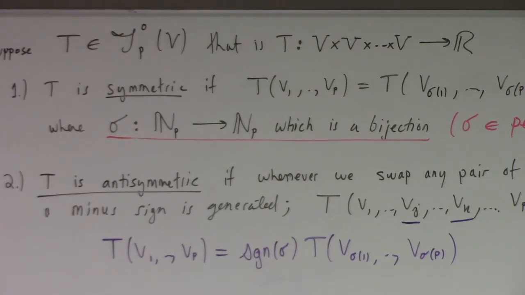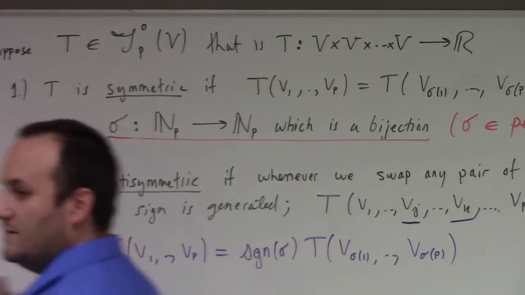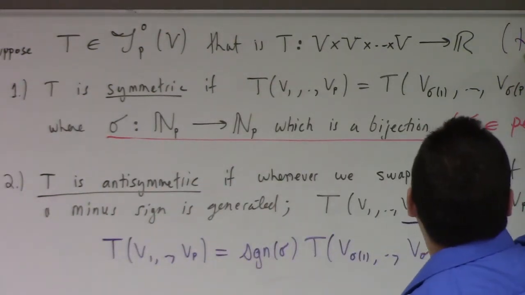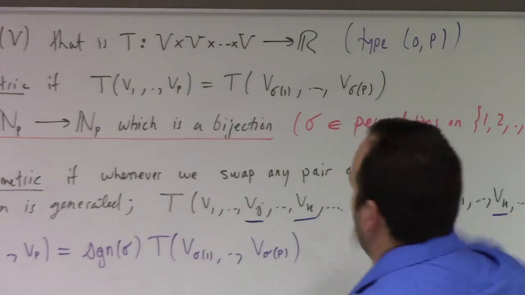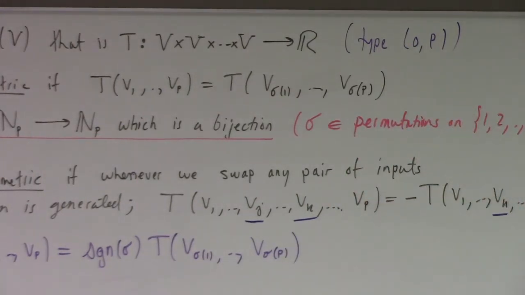All right? Both of these give you special subspaces of the tensor space of type 0,p. So if you look at this space of all possible tensors of type 0,p, there's this privileged class. There's the so-called symmetric tensors, the so-called anti-symmetric tensors. What happens if you add two symmetric tensors? Guess what? You get another symmetric tensor, because you can work it out.